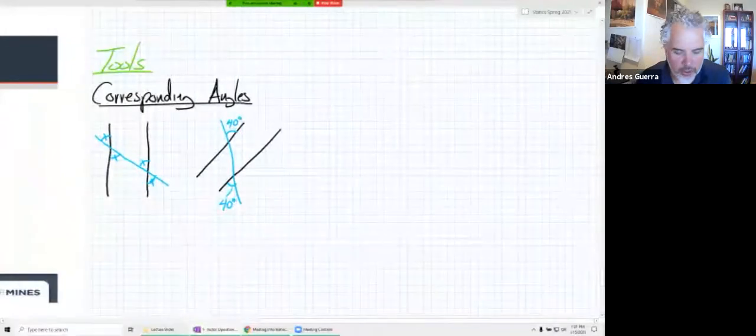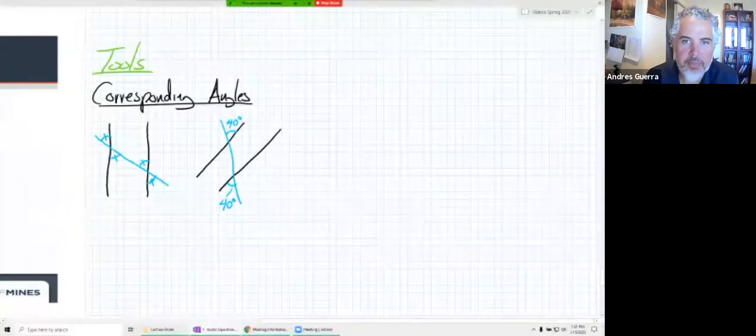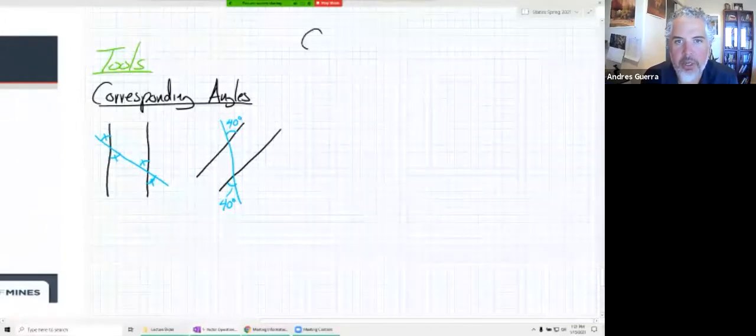And then the other tool that we need is the general triangle geometry.